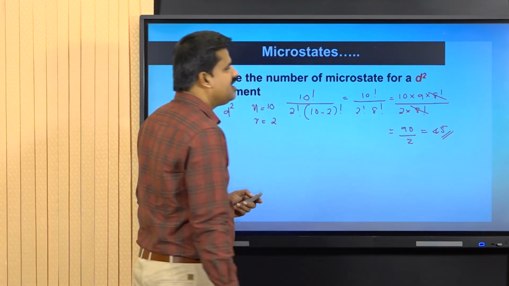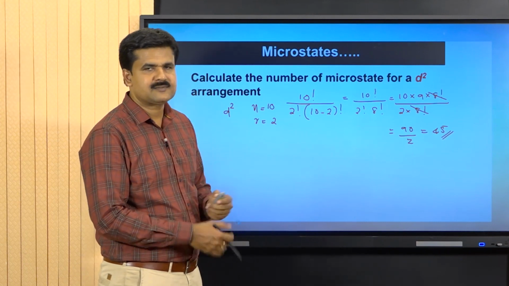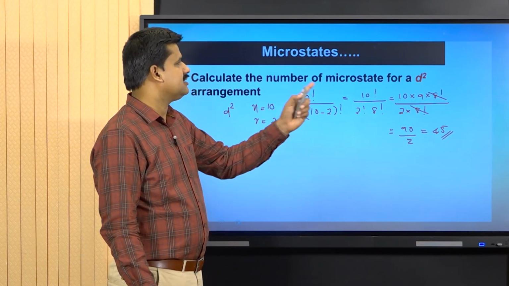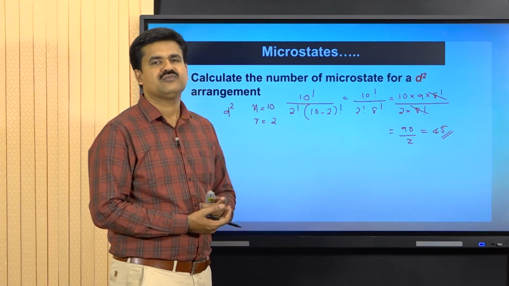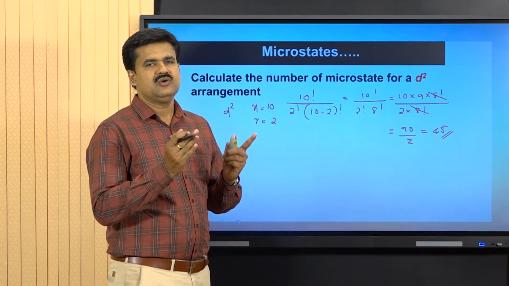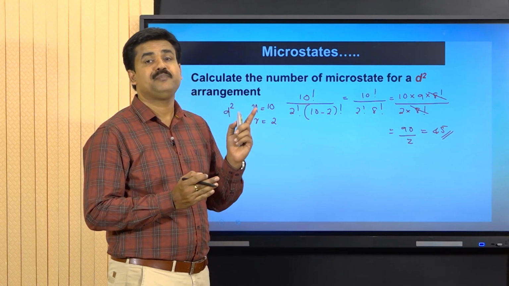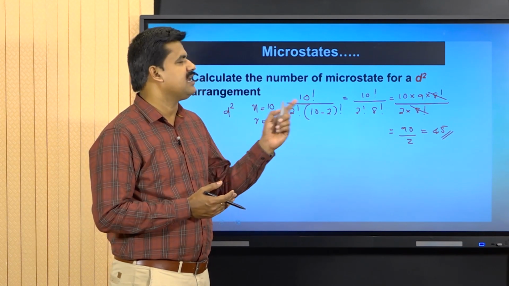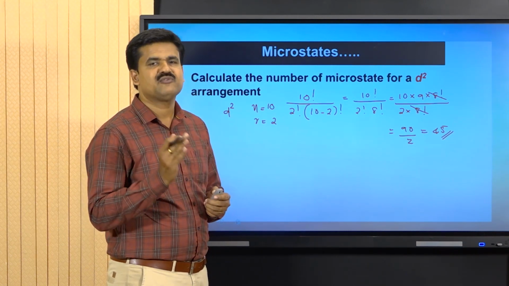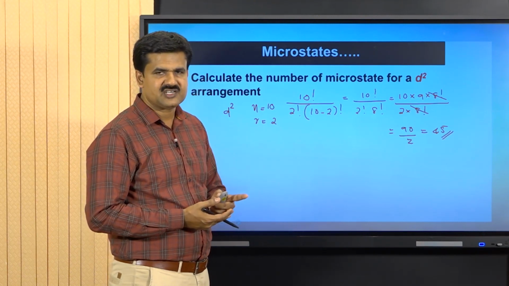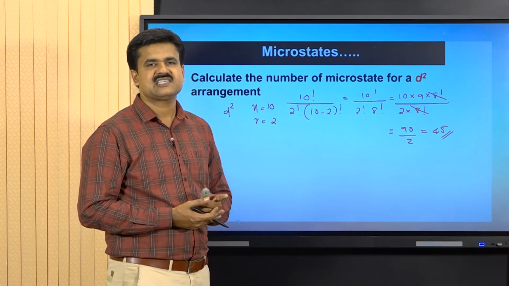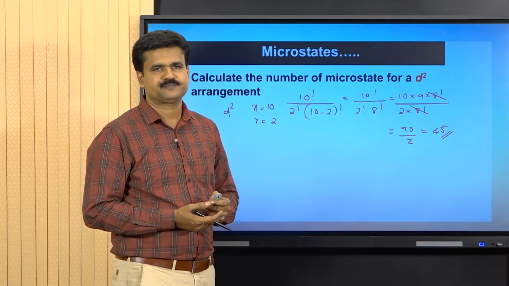So the number of microstates associated with the D2 electronic arrangement is equal to 45. So we proved that for a P2 configuration, the number of microstates is equal to 15, and for a D2 electronic configuration, the number of microstates is equal to 45.